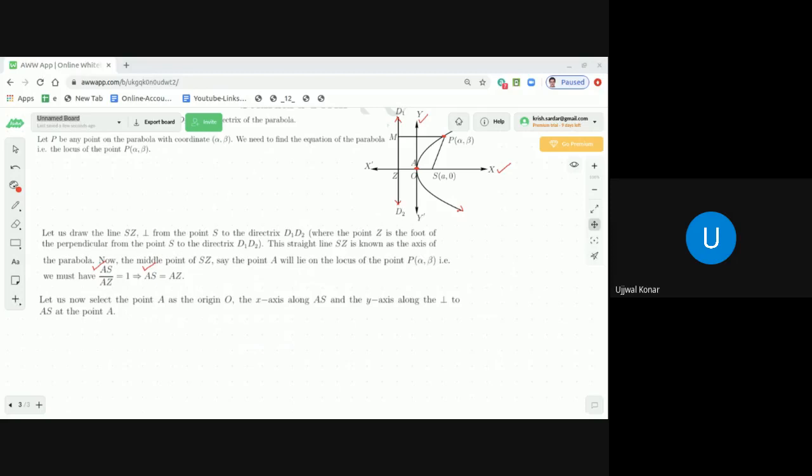So moment you get AZ equal to a, then we can find the value of PM. PM is nothing but it should be alpha plus a. Okay, so let me derive this particular point from the study material and then show it to you.